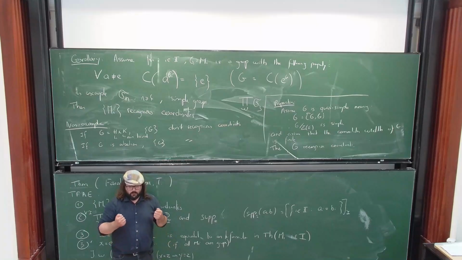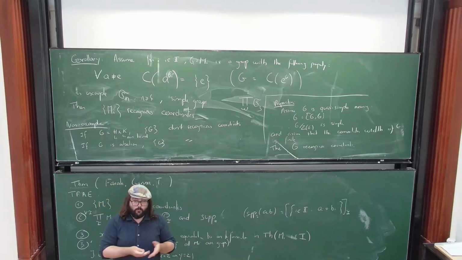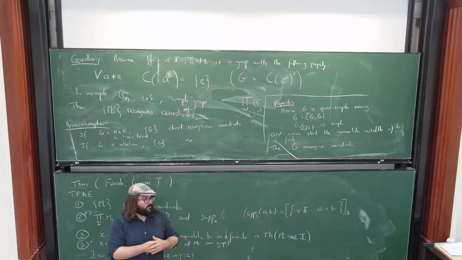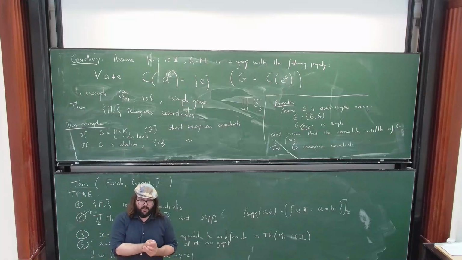So when I say group, it's an enriched group, it doesn't matter. If a structure recognizes coordinates, then any enrichment recognizes coordinates. It's upward closed. The name of the paper is Coordinates Recognition, Groups and Other Surprises. We are 3 co-authors. We accepted the title of this paper, but we never discussed what it means, other surprises.